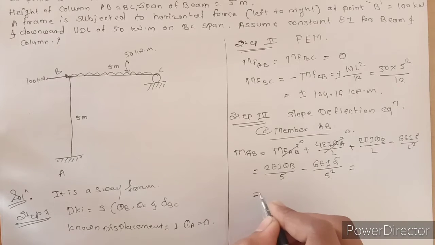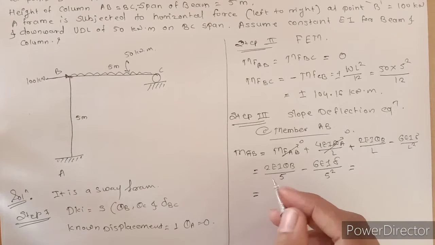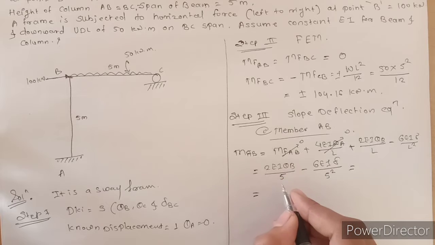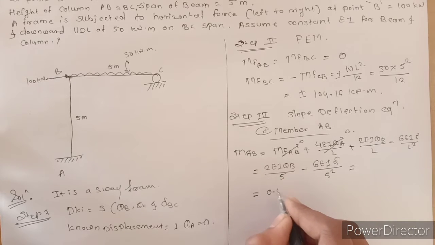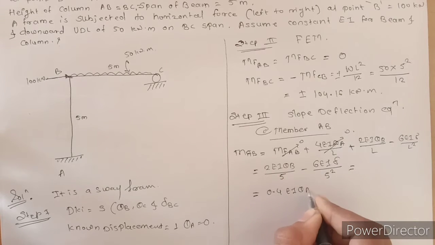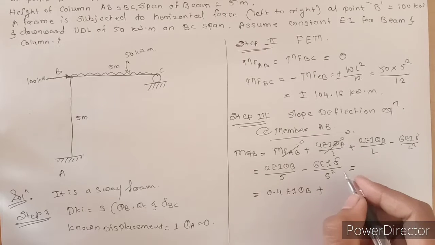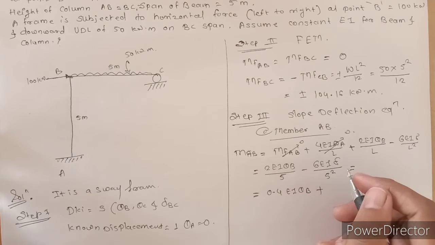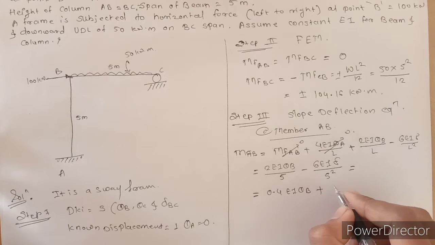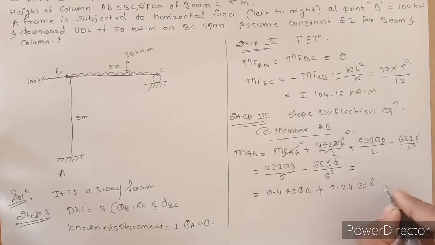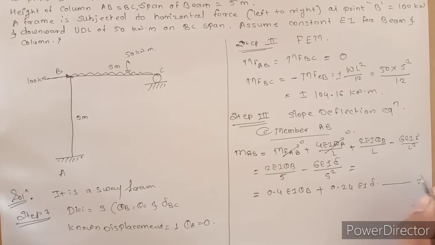So the equation is 0.4 EI theta B minus 0.24 EI delta. This is equation number one.